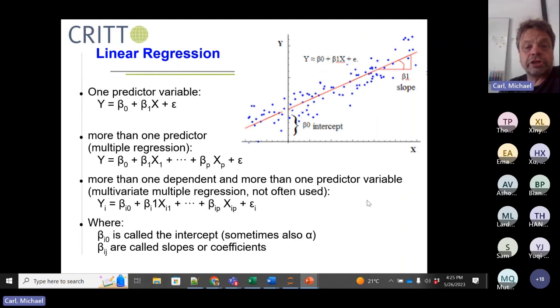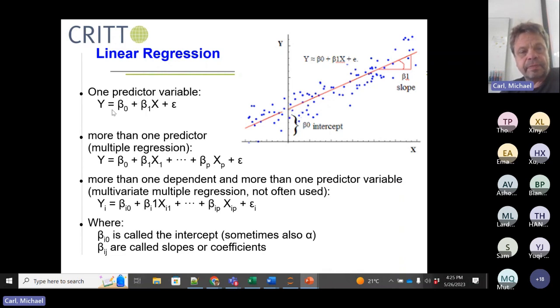So for a linear regression, we have these dots here, and this linear regression would put a line into these dots such that the error is minimized. So it would put a line here, and the 0 point here would be the intercept.